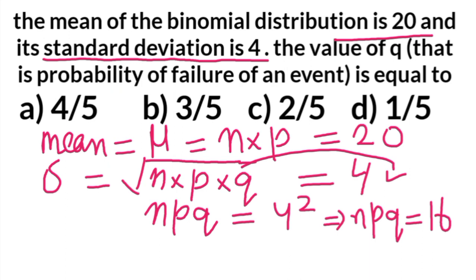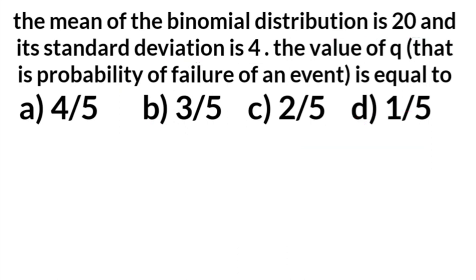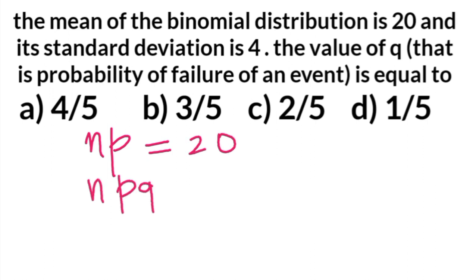So we have mean equal to 20, that is np is equal to 20, and npq is equal to 16. I will write here np is equal to 20, that is mean is equal to 20, and npq is equal to 16.